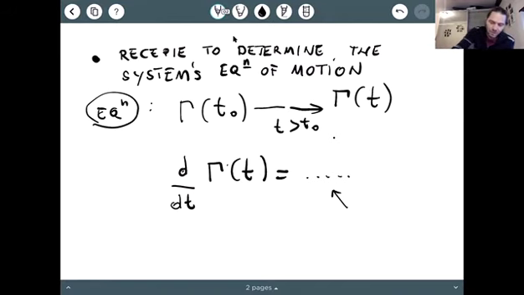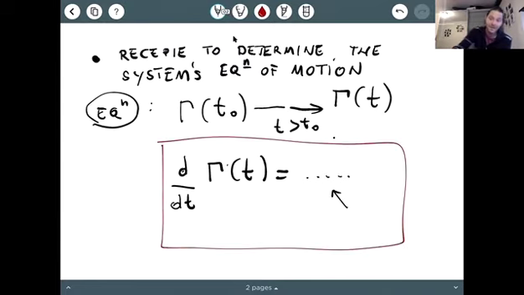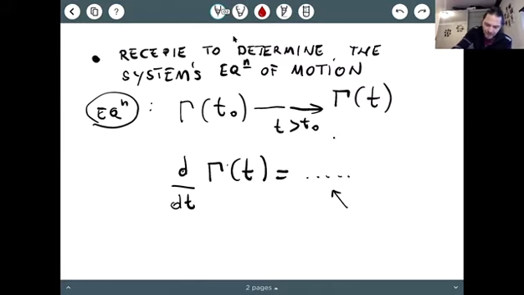So really, the equation of motion contains on the left side the derivative of the state of the system, and on the right-hand side, something that this derivative is equal to. Right? And just another bit of notation, which will become handy.